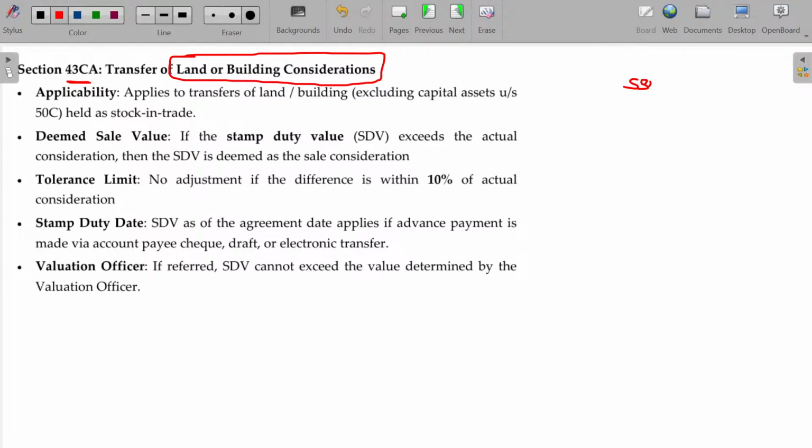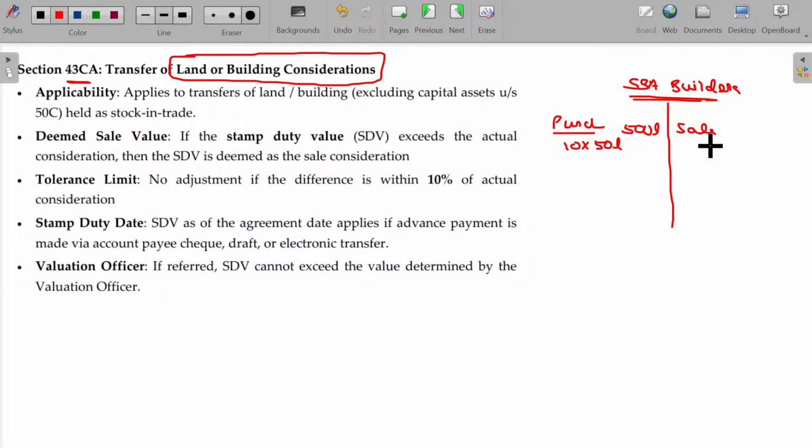Now, SSA Builders purchased 10 flats at rupees 50 lakhs each, 500 lakhs.